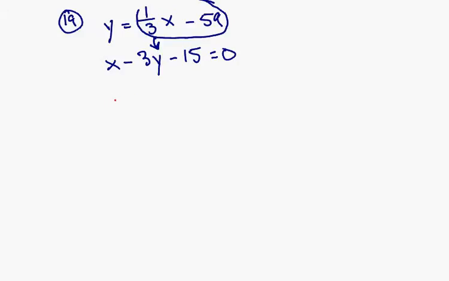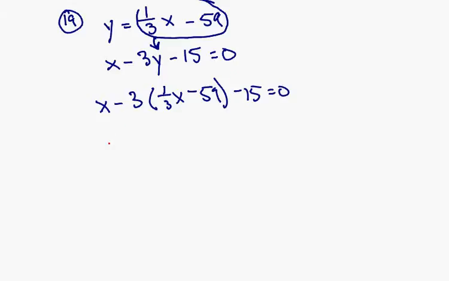So our second equation is now going to read x minus 3, then the quantity 1/3 x minus 59, and then minus 15 equals 0.